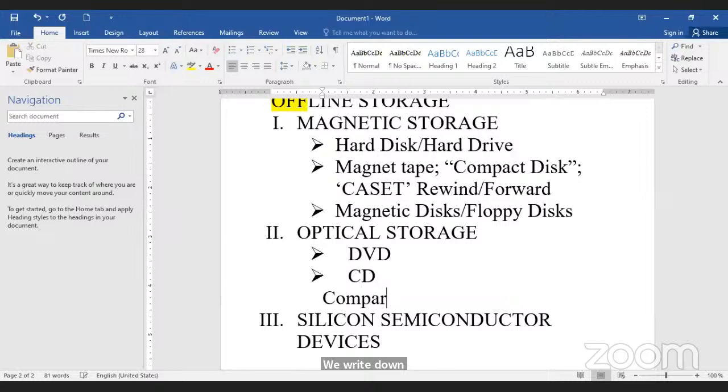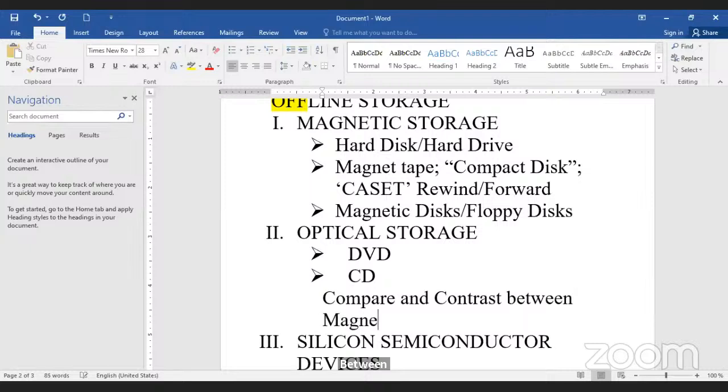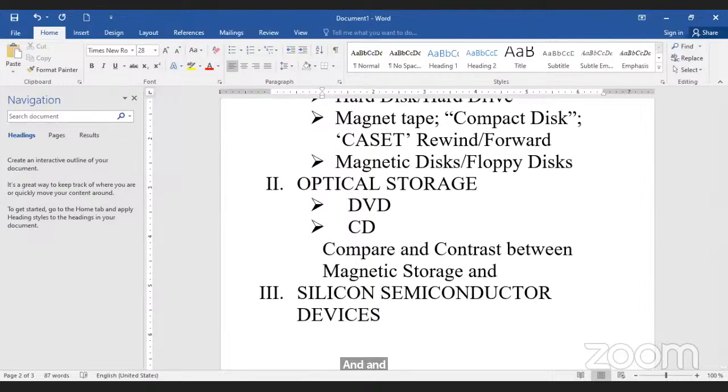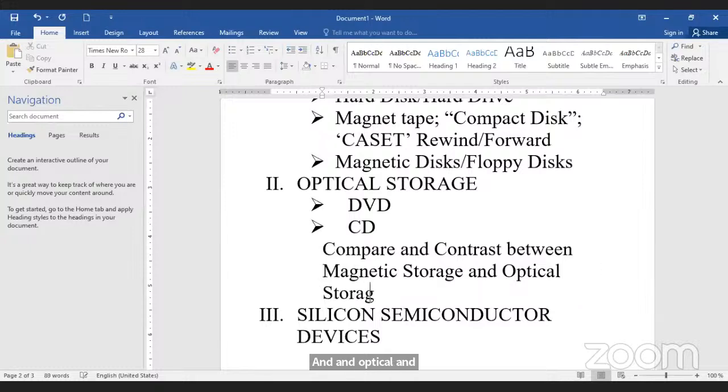Compare and contrast between magnetic storage and optical storage.